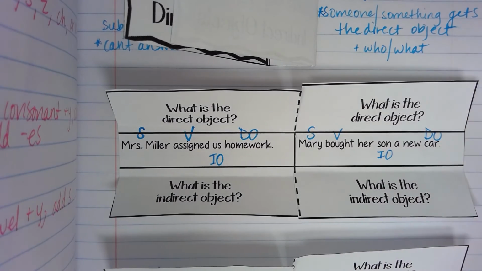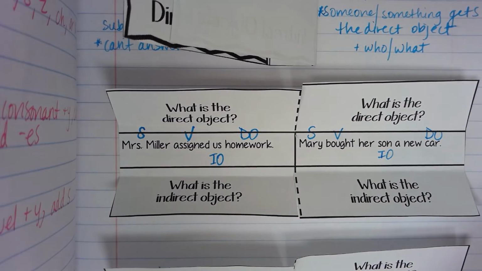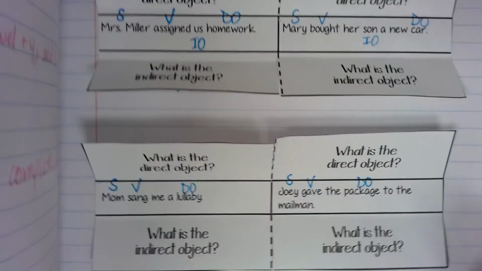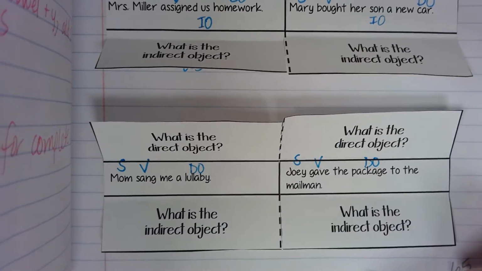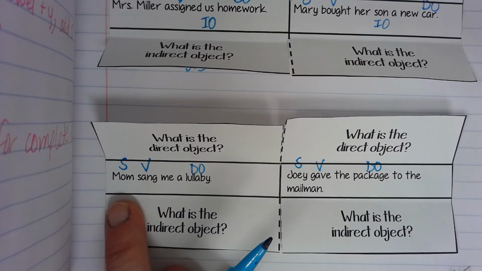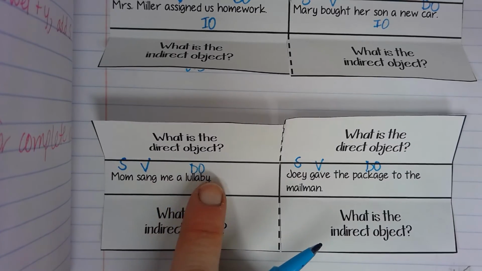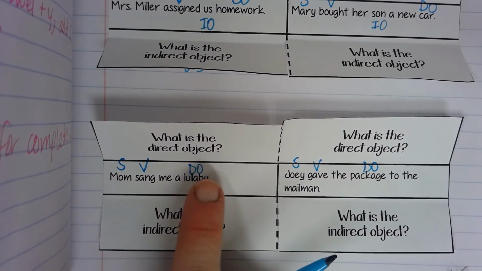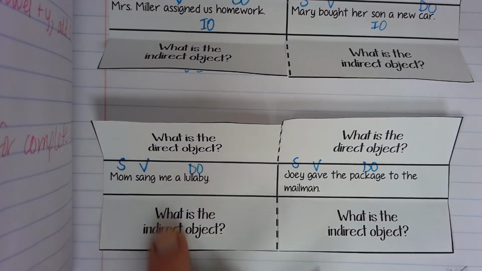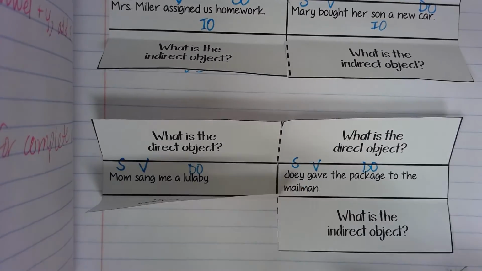Mom sang me a lullaby. Mom is our subject. What did she do? Sang. Sang who? No. Sang what? Lullaby. Now who's receiving the lullaby? Me. So me is our indirect object. So that's kind of what I meant by it's one more step, or it's being transferred one more time.